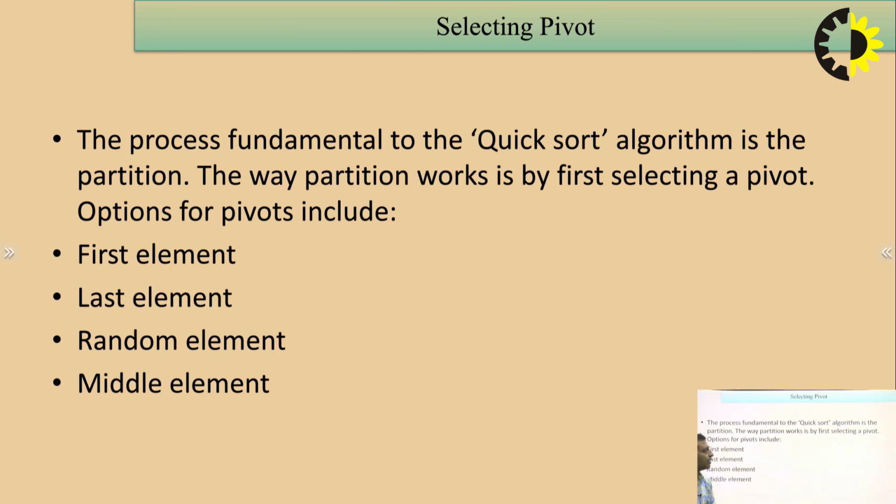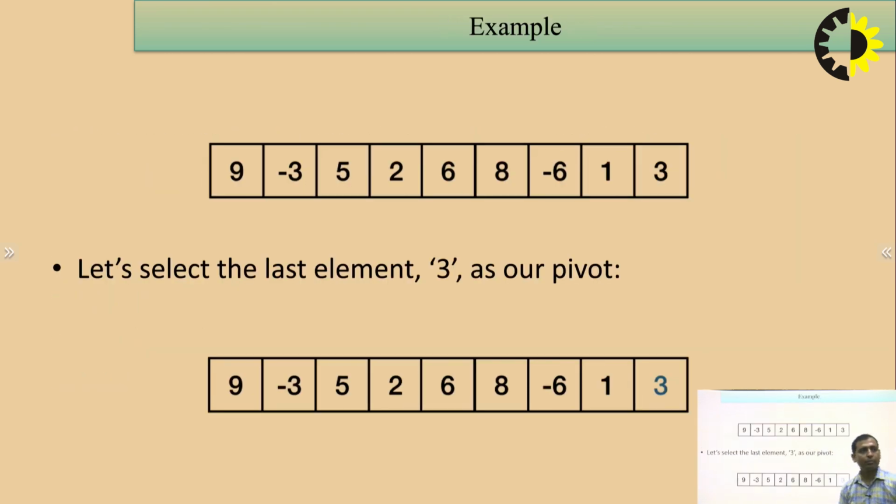The way partition works is by first selecting a pivot. In this example, we will choose the last element as pivot.